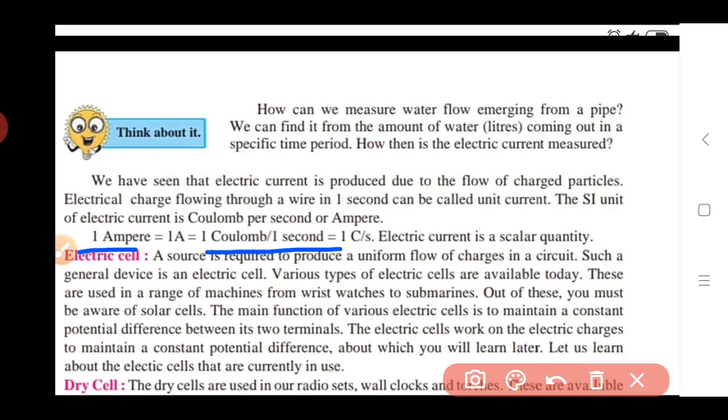C means coulomb and small s means the time taken in seconds. There is no direction required for measuring electric current, so electric current is a scalar quantity. In this paragraph we see what the unit for measuring electric current is, and whether it is a scalar or vector quantity. Electric current is a scalar quantity.